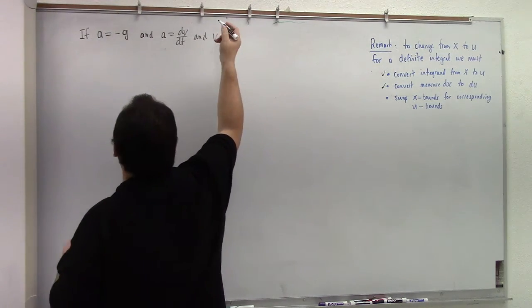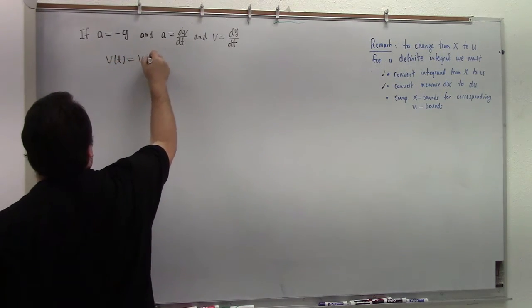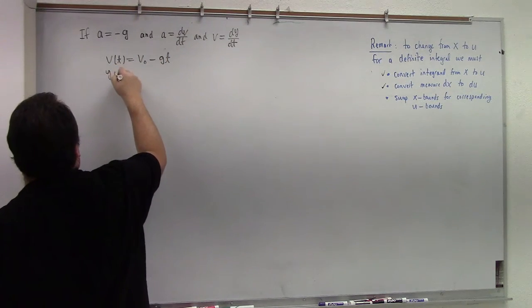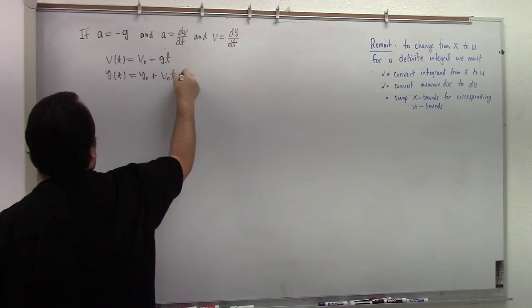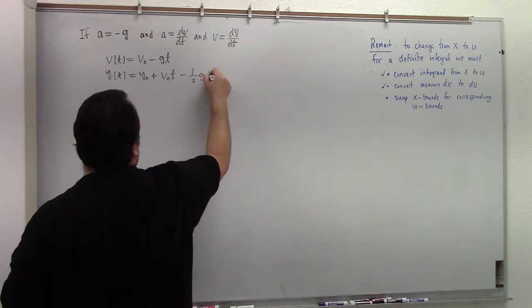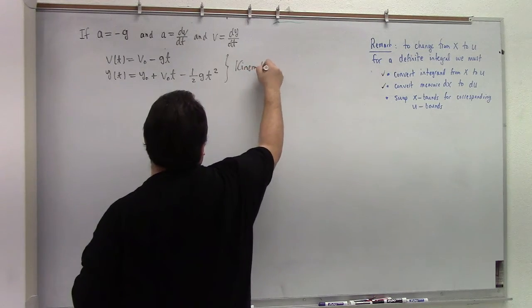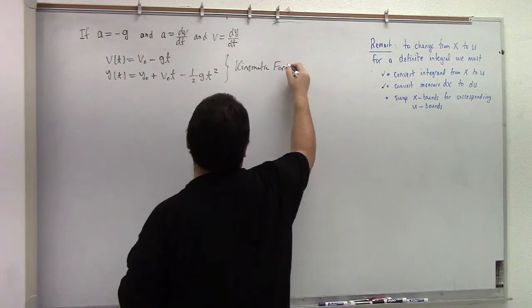I have before derived for you guys that v of t is equal to v naught minus gt, right? And also that y of t is y naught plus v naught t minus 1/2 gt squared. We've derived these before. These are the kinematic formulas, right? These are central to the study of constant acceleration motion in physics.